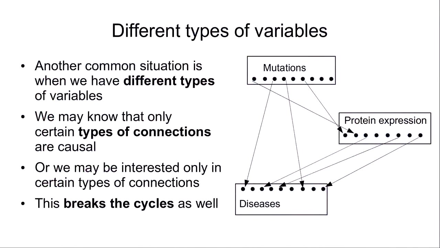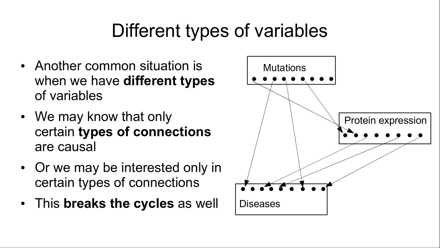Another case that's quite similar, but even more important, is that sometimes you have different types of variables. In this case, which is a little closer to home for me, you have mutations. They're a separate entity. You can have different parts of your genome mutated, or your patients can have it.